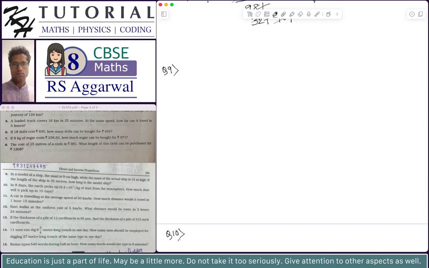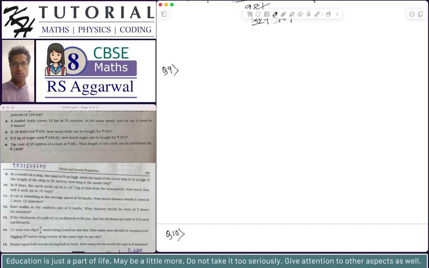So if the mast in the model of the ship is of shorter height, then obviously that will mean that the height of the mast of the actual ship will also be shorter, since the model and the actual ship are in direct proportion.